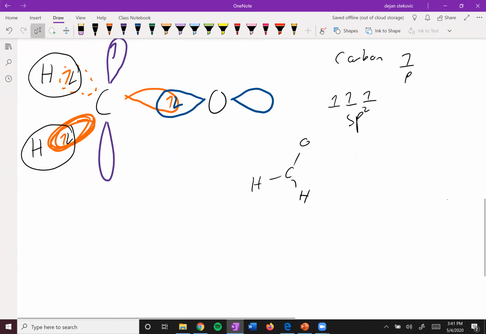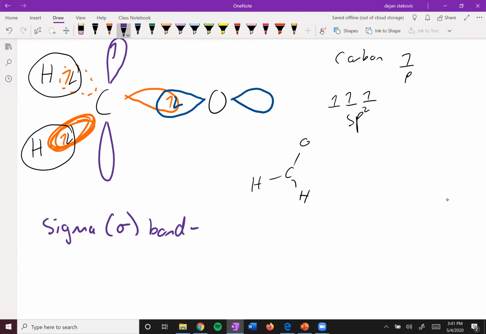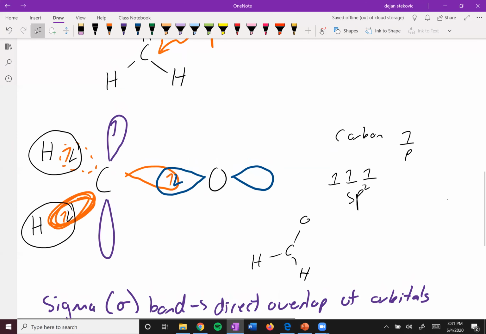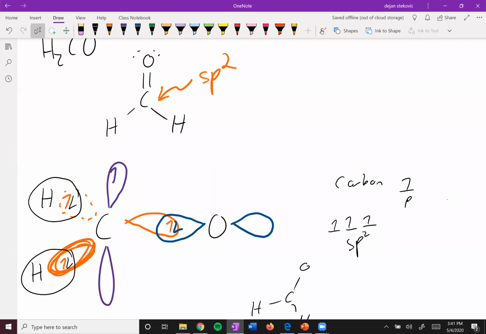These are what's known as sigma bonds. It gets the symbol sigma, and in a sigma bond, you have direct overlap of orbitals. But as we can see in this picture, we have a double bond to oxygen.